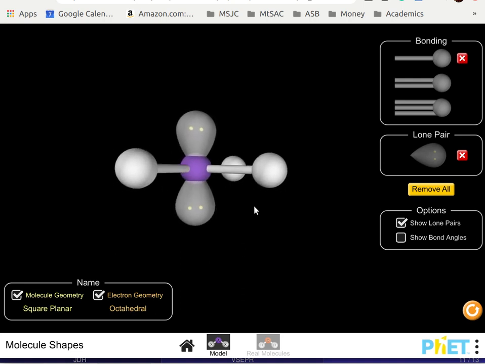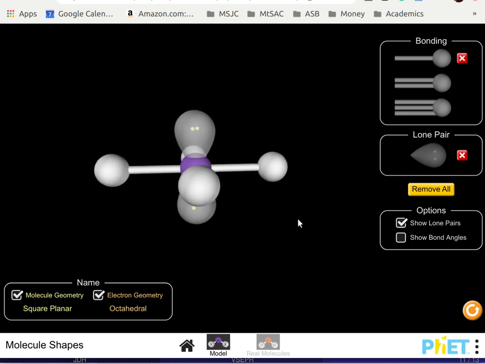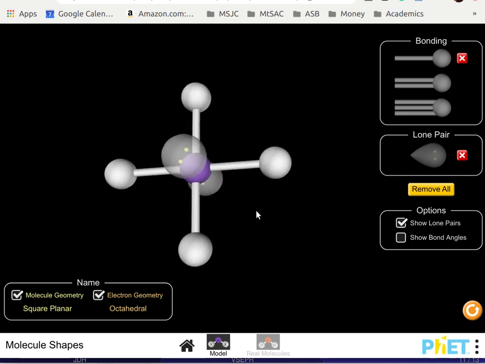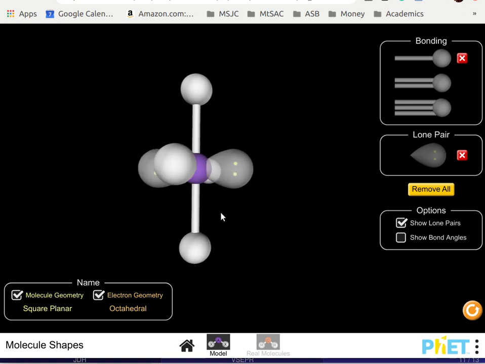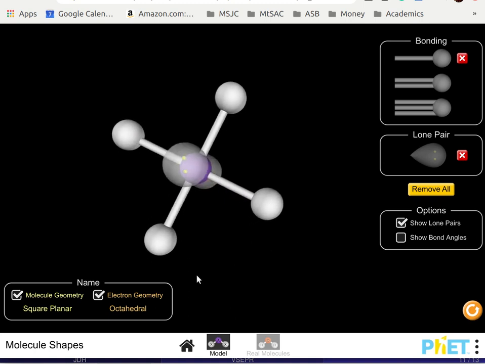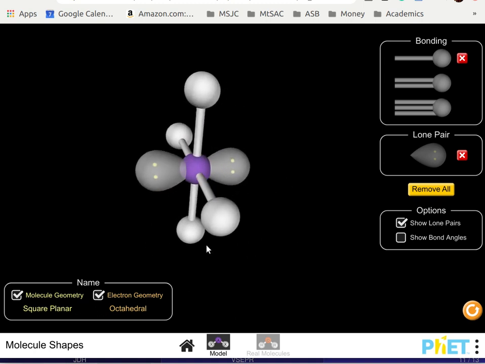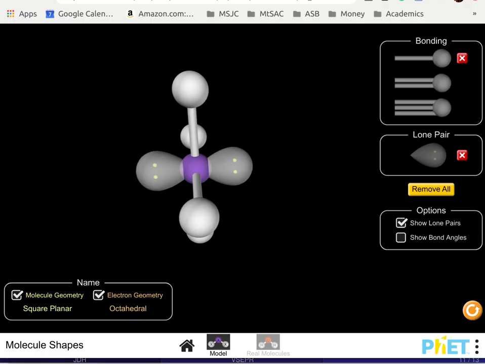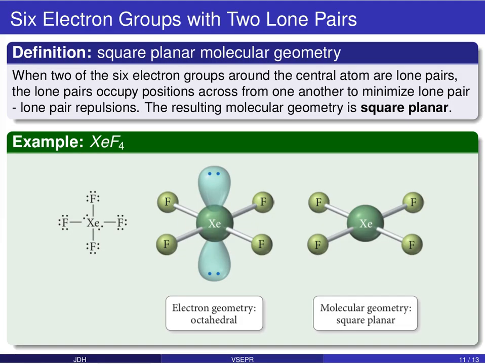Once you do that, you end up with 4 bonding groups, all in a plane with lone pairs on either side, forming a square, so we call it a square planar geometry. Our example is the XeF4 molecule illustrated on this slide.